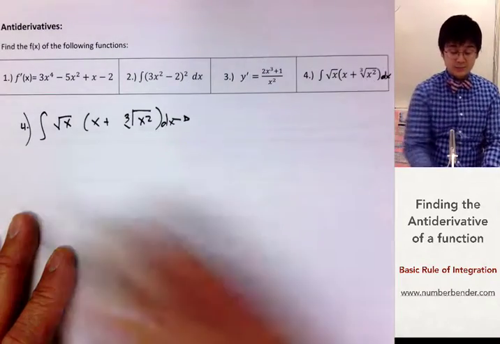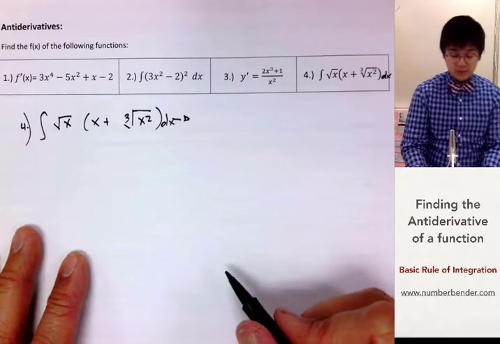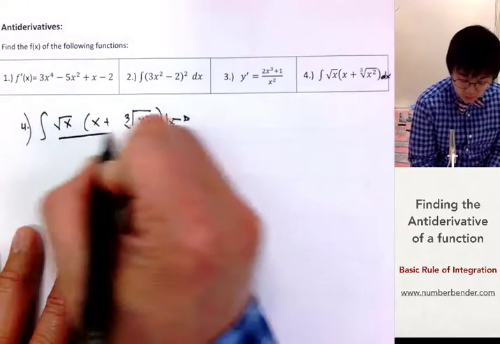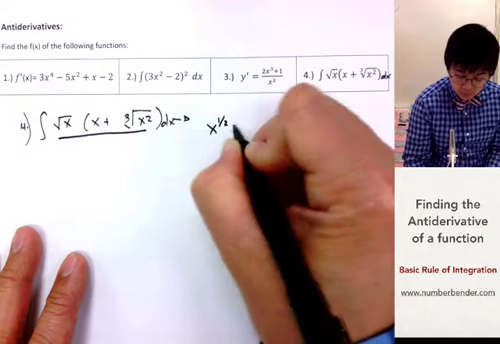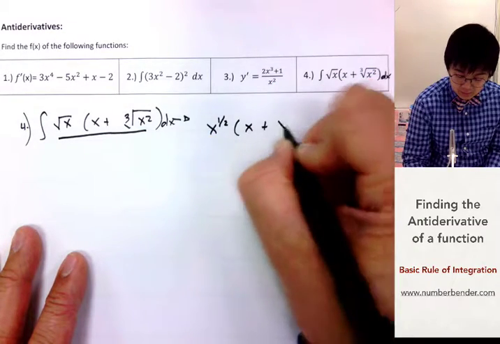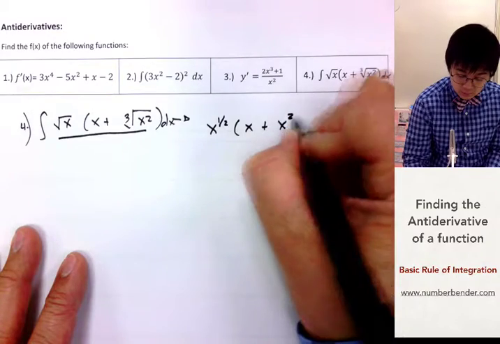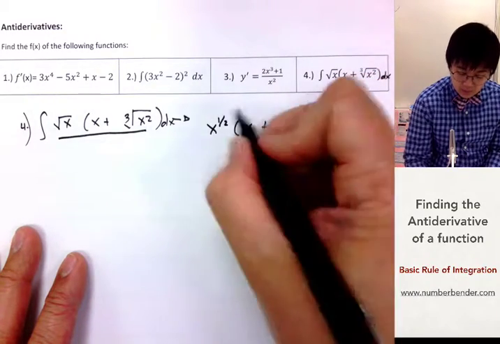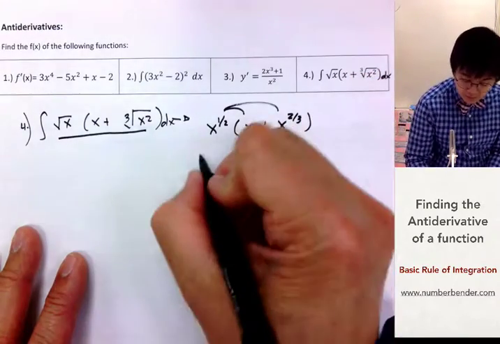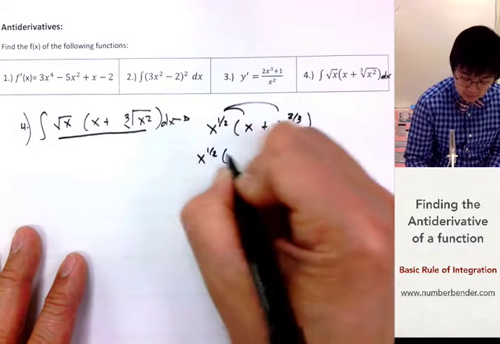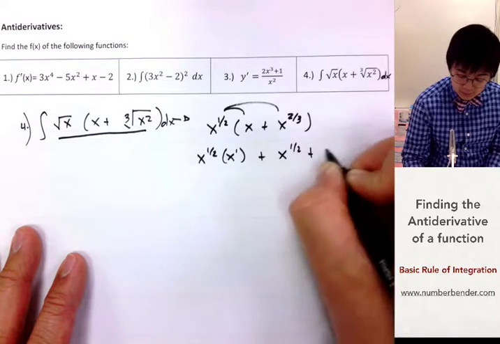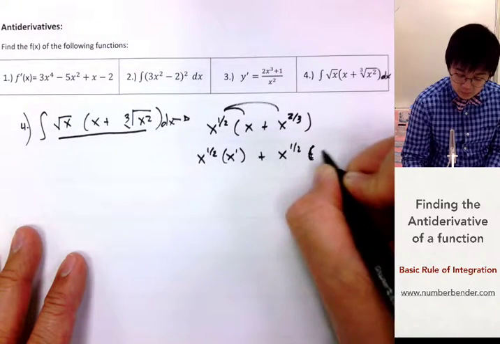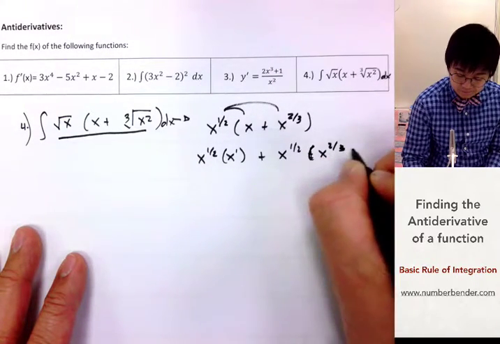By simplifying the function using the law of exponents, we modify this into x raised to 1/2 times x plus x raised to 2/3. By the distributive property, we have x to the 1/2 times x to the 1 plus x to the 1/2 multiplied by x to the 2/3.